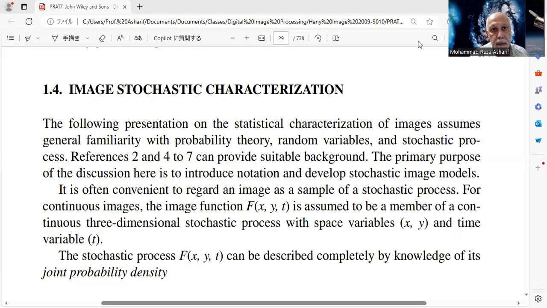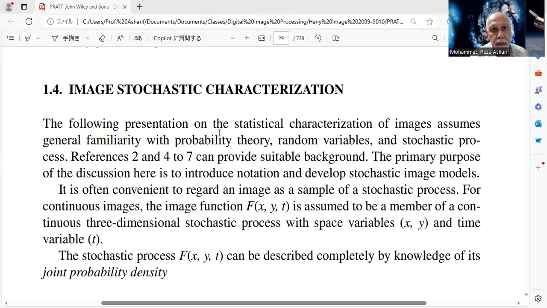Okay, this is the third lecture in digital signal processing. And in this lecture, we are talking about image stochastic characterization.